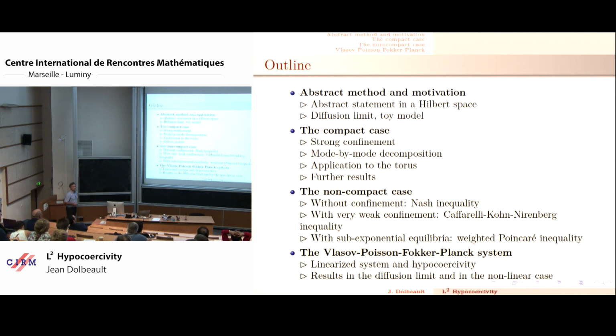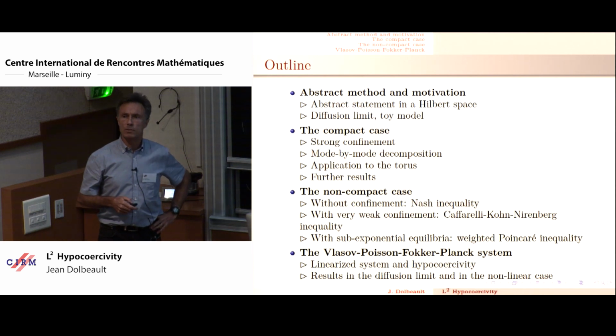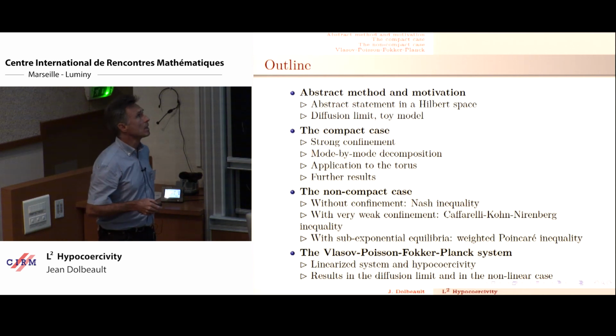There are two assumptions which are basically Poincaré inequalities, and I will call it the compact case when these two assumptions are satisfied. There is a notion of spectral decomposition hidden behind this method, so I will illustrate it on the case of the Fourier variables and present very quickly some results.